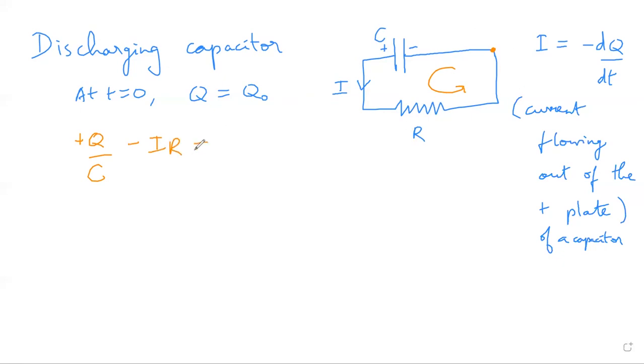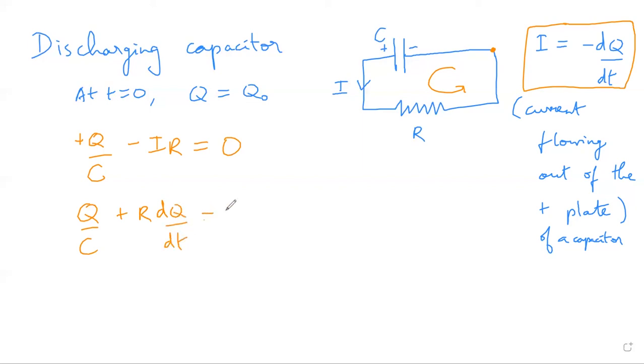And then we are back to our starting point, so equals 0. Again, remember that I is equal to minus dq over dt because the current is coming out of the positive plate, so it is decreasing the charge. Using that here, we have q over C plus R dq over dt is equal to 0. And we can rearrange that to get dq over dt is equal to minus q over RC.